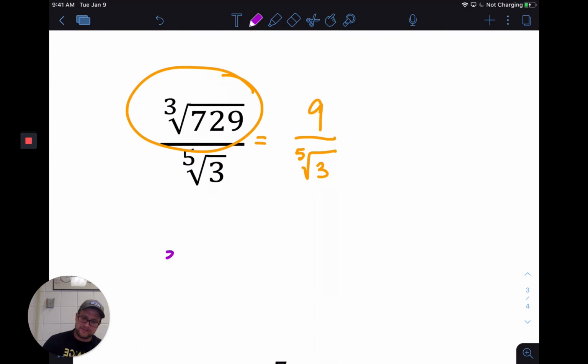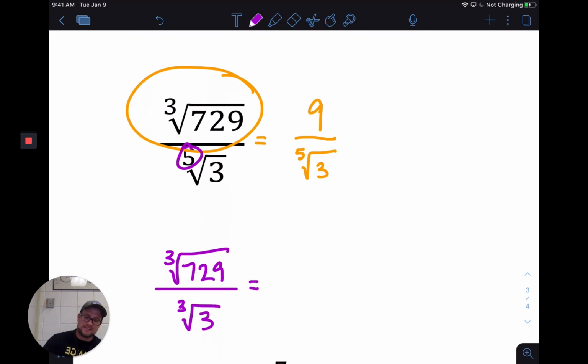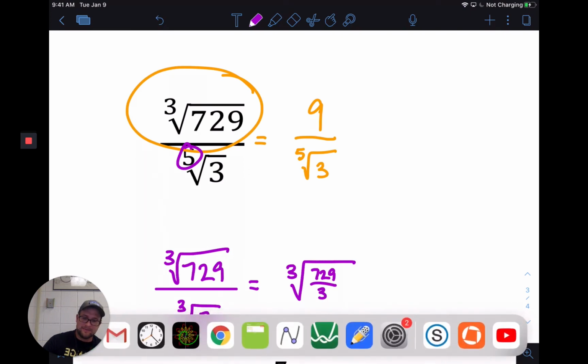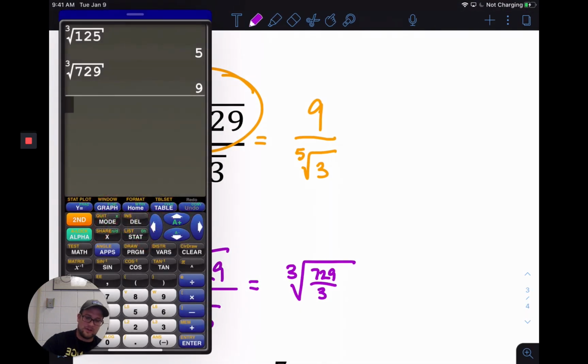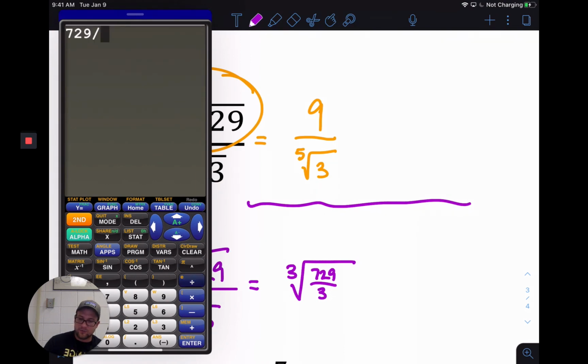So I'm just going to give you a different problem to consider for a second. If I had this as the third root of 729, and let's just pretend that that would have been the third root of 3, if those two are really the same, then this is really the same as the third root of 729 divided by 3. And in my changed problem I could actually divide 729 by 3, which is 243, and we're still looking at the third root of that.